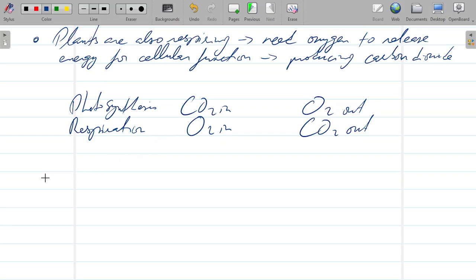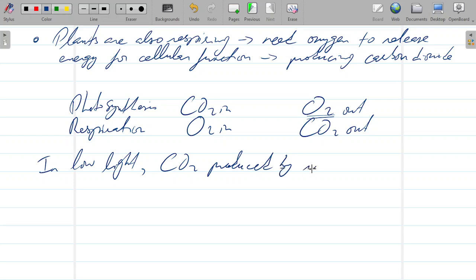Now, under, let's say, dim light or low light, the CO2 produced by respiration is used by the plant for photosynthesis.